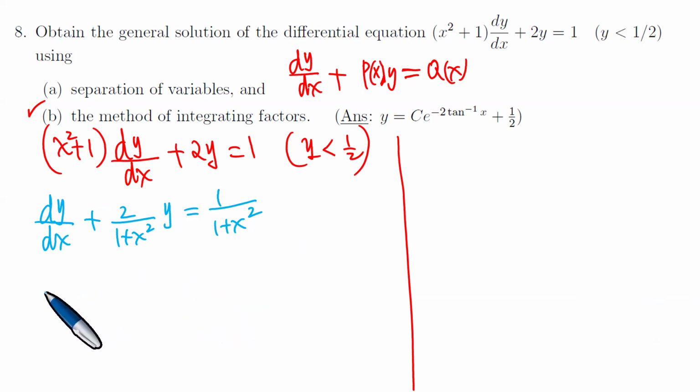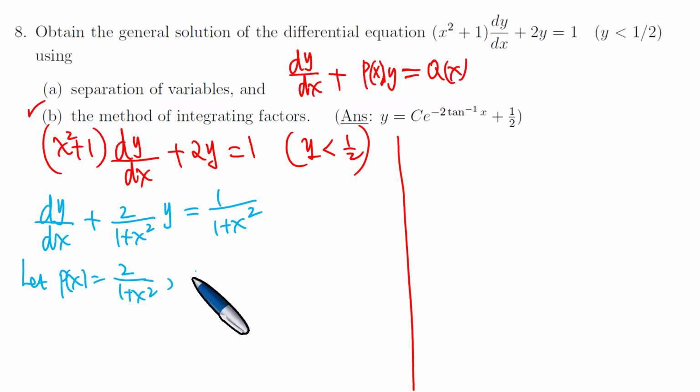And then you have p of x. In other words, here you let the p of x be 2 over 1 plus x squared, and the q of x is 1 plus x squared. But it's popular to speak of the p and the q.